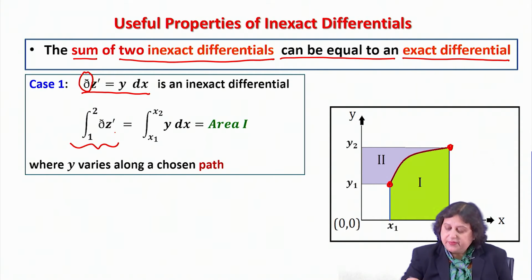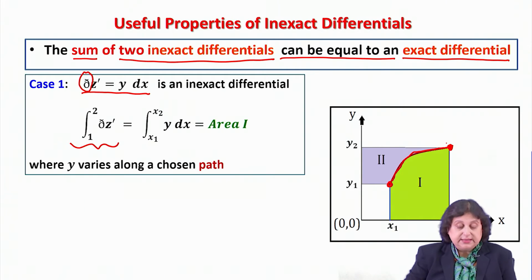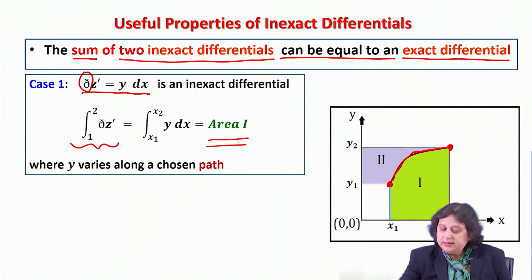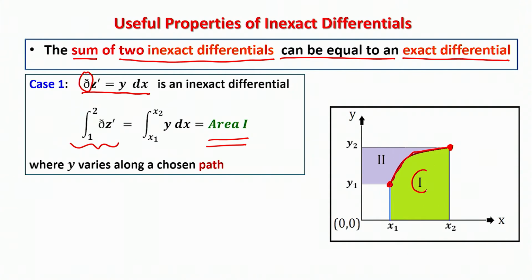So, now let me define this red curve as a functional dependence of y as the system passes from the initial point x1, y1 to the final point x2, y2. And then what is the value of this integral? The value of this integral is then the area under this red curve, which has been marked here as the area 1 and shown using green color.